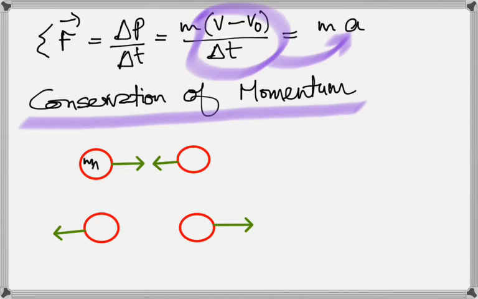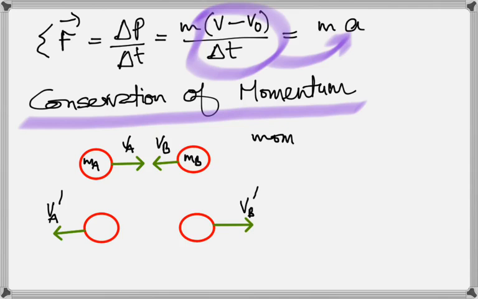One has a mass ma, the other has mass mb. The one on the left is moving with a velocity va. The one on the right is moving with velocity vb. But you know what? After they collide, they bounce back, and the velocities become va prime and vb prime. So they have new velocities.